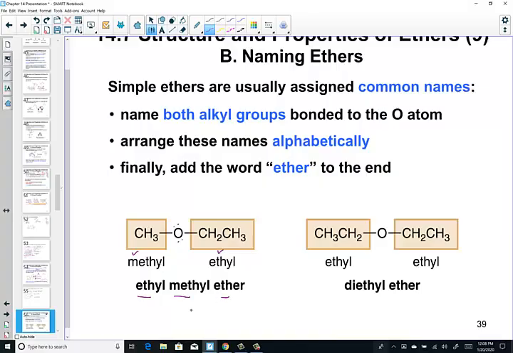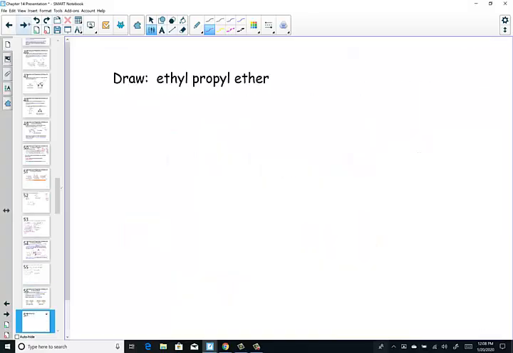And if they're the same substituent branch, the same number of carbons, you'll hear it just in terms of di. This is called diethyl ether. No worry about alphabetizing because the alkyl groups are the same. So if we have relatively small ethers, we can just simply name the alkyl branch on either side and call it good.